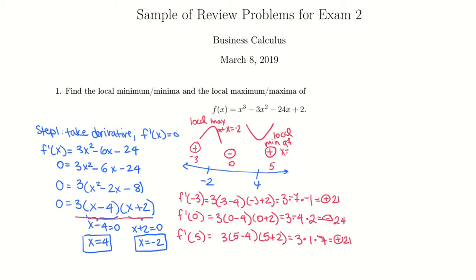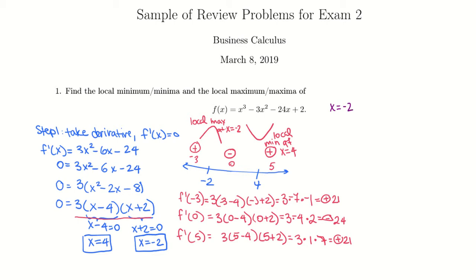So our last step is to find the values, the local maximum and local minimum values. So starting with x equals -2, let's now plug into the original function.